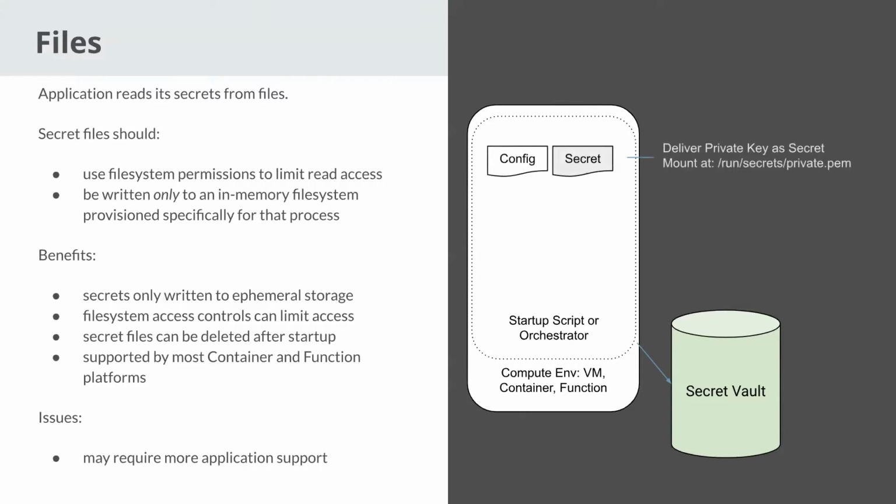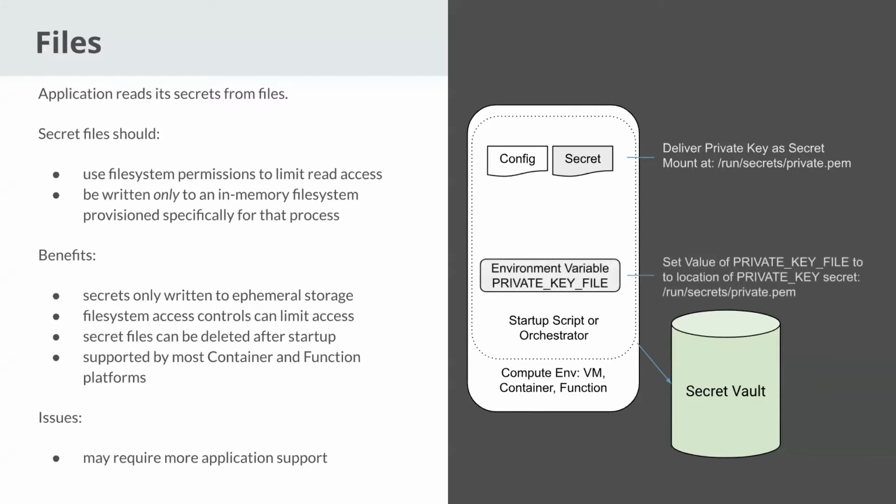In the container world, the location of these files on the in-memory container file system is typically /run/secrets, which is a de facto standard, if not a real standard at this point. And it will literally take something like a private key and put it into a file named after that secret.